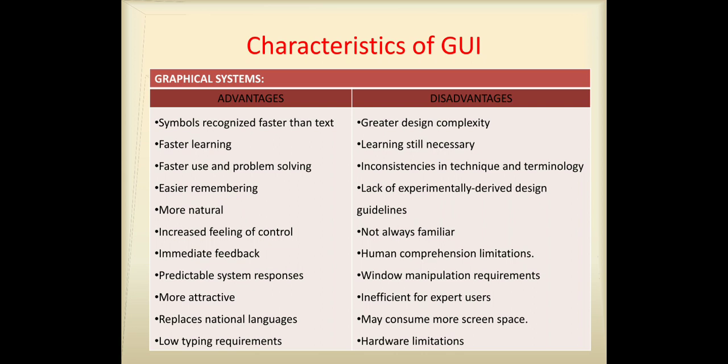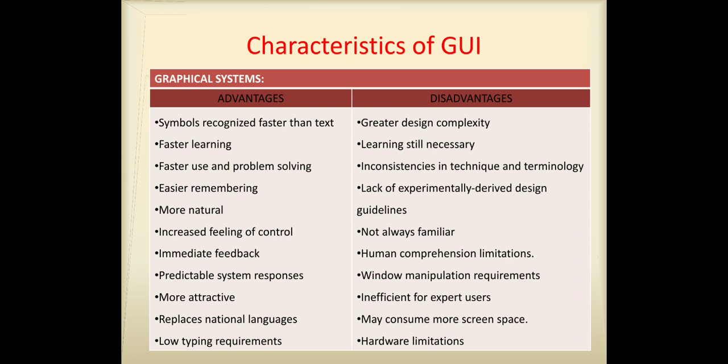And it may consume very little space, such as icons may take up very little space compared to the equivalent in words, but it is not always the case. And these icons have a capability of replacing the national languages. That is, icons possess much more universality than the text and are more easily comprehended worldwide and easily augmented with text displays.